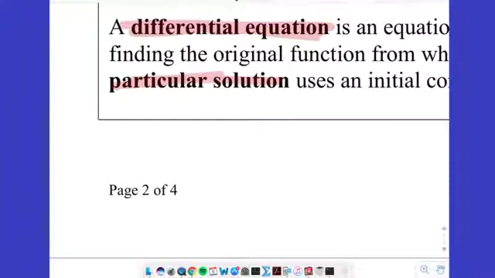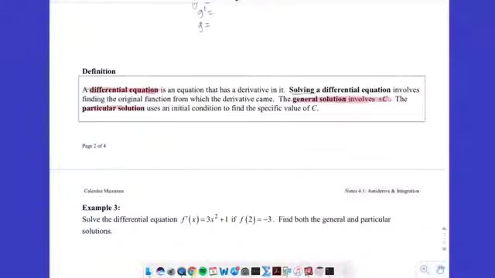But because when you take the derivative, you lose the constant, if you're expected to find a particular solution to any differential equation, you have to have at least some information about the original function. So really now, solving a differential equation is the same process as anti-differentiation. They're one and the same. It's just a slightly different presentation style.